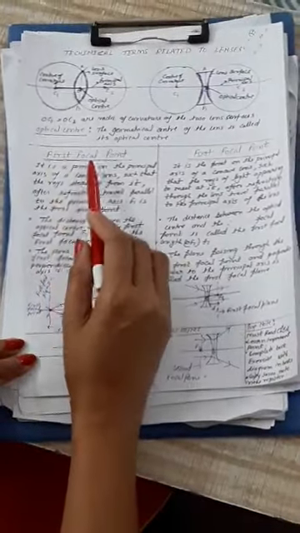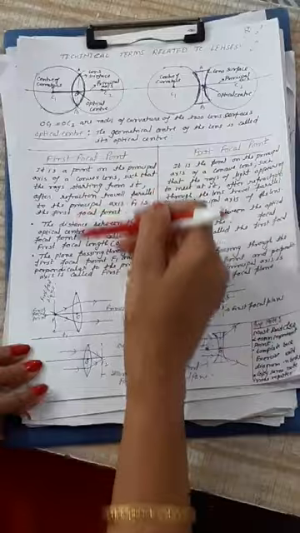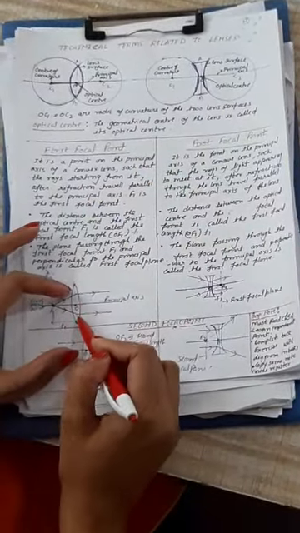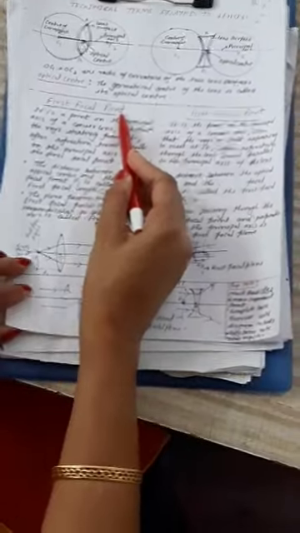Now some another important point. First focal point we are discussing. As you can see in the diagram, this is the lens, the first focal point.